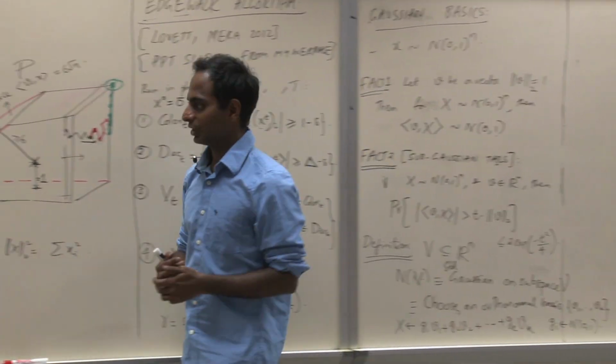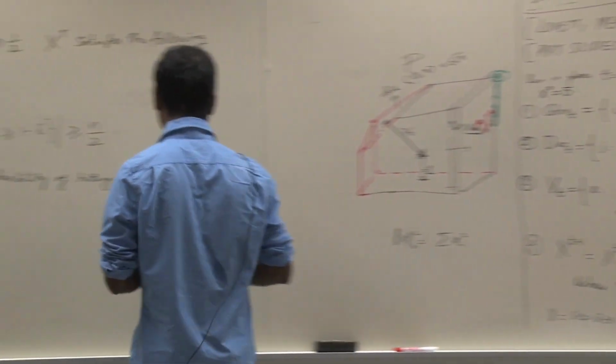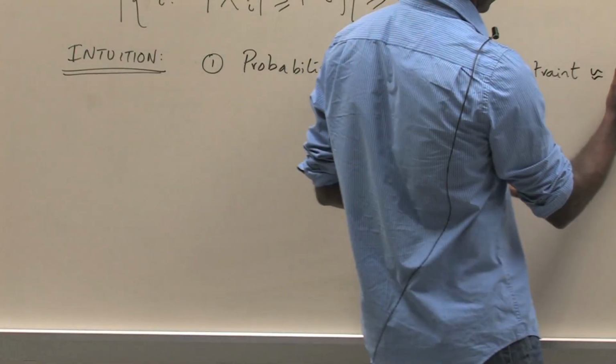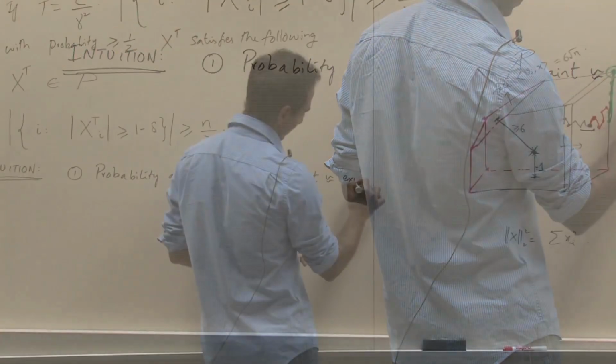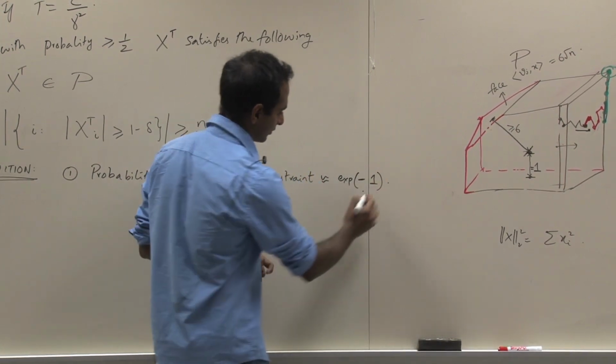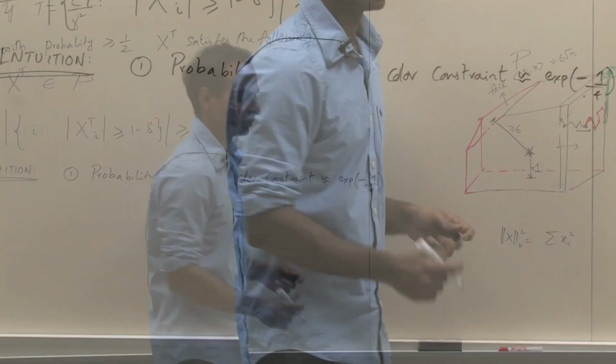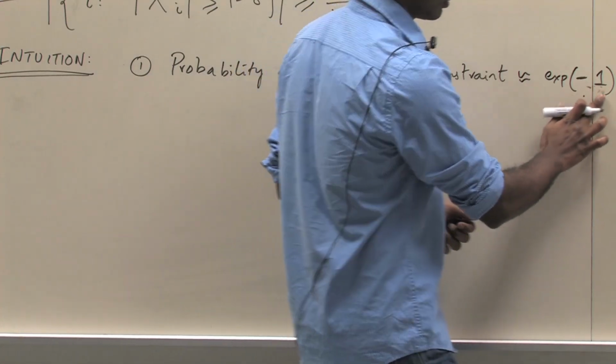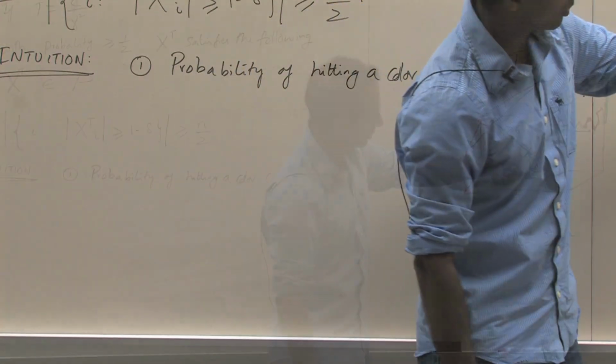So the probability that you hit a particular color constraint will turn out to be something like exponential in minus 1 by 4, let's say. Let's ignore this constant because the length of this projection is 1.